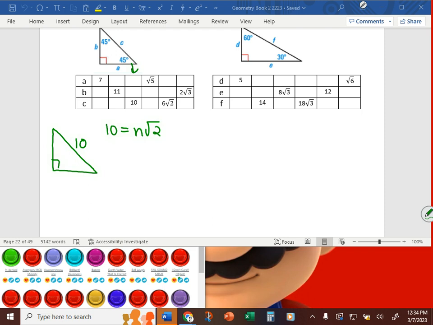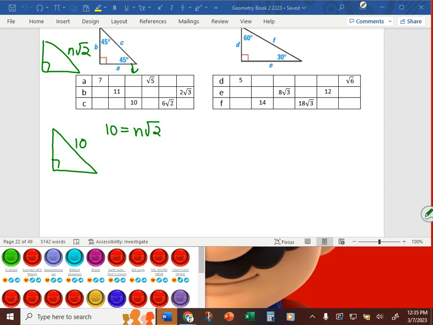Okay, flip back to the front page. You saw your initial 45, 45, 90 triangle that we drew. The hypotenuse, we wrote n root 2, right? Same reason why you got 7 root 2 here and 11 root 2 here. So if 10 is equal to the n root 2 side, and we want to solve for the leg, what variable are we solving for?